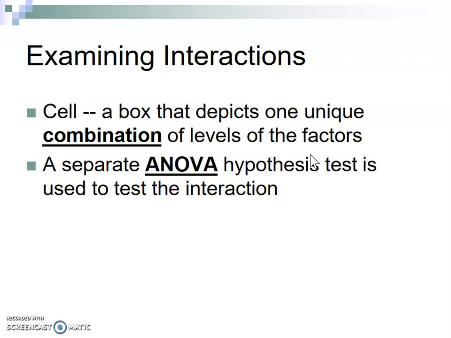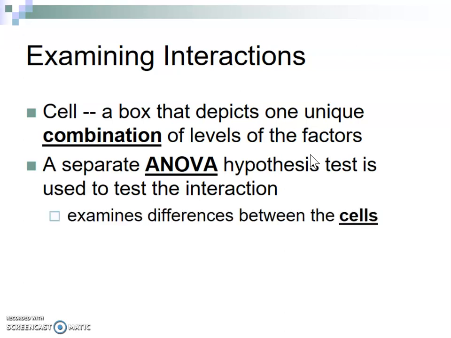Essentially what the interaction is looking at is, another ANOVA hypothesis test is done to examine the interaction, which essentially just looks for differences between the cells in our study. So it looks for unique combinations of your 2 factors.